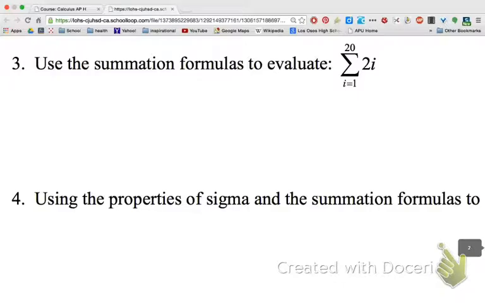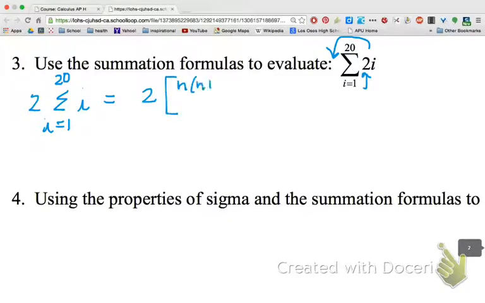Okay, so when I look at this next one, I go, oh, that 2 isn't going to change. It's going to be the same every time. So remember, I could just pull that to the front. And then I have the summation of just I. And so I want to go look up what that formula is. And of course it's n times n plus 1, the shortcut formula, over 2.